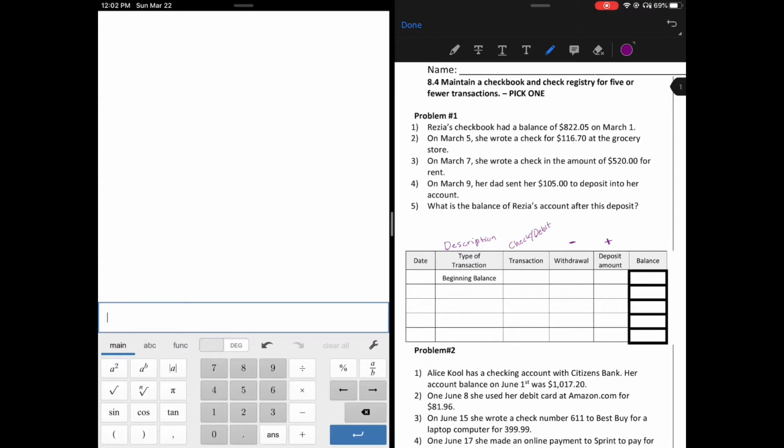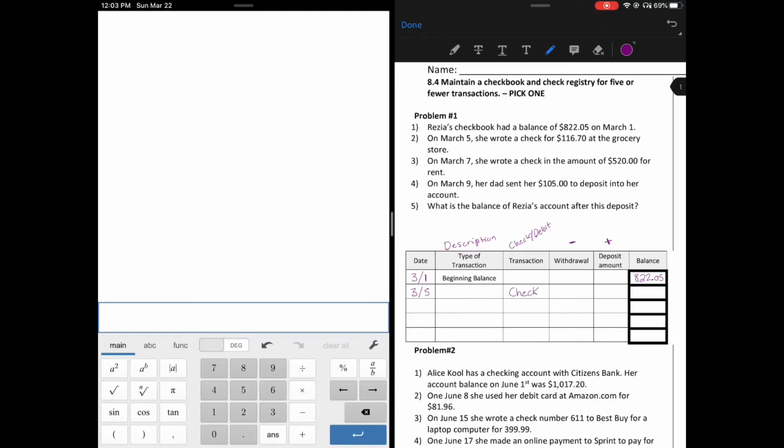So if we look at this first problem, it says that Ray's checkbook had a balance of $822.05 on March 1st. So on March 1st, you put that under date, and then we put the amount under balance, so $822.05. On March 5th, so that's your date, she wrote a check, so that's your transaction, for $116.